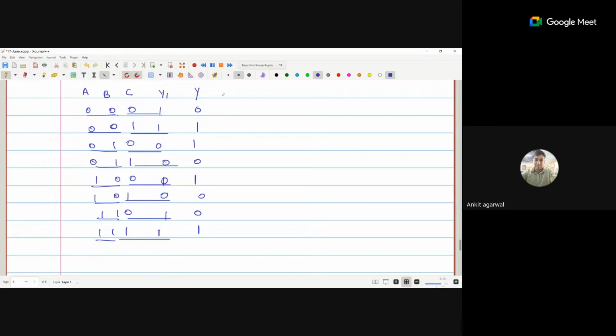Okay, so if I define the SOP term, so y is sigma m 1, 2, 4, and 7, or m1 plus m2 plus m4 plus m7.